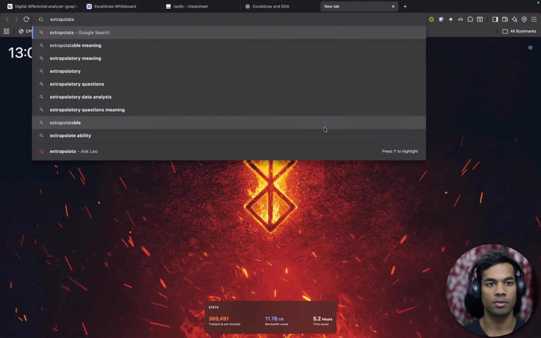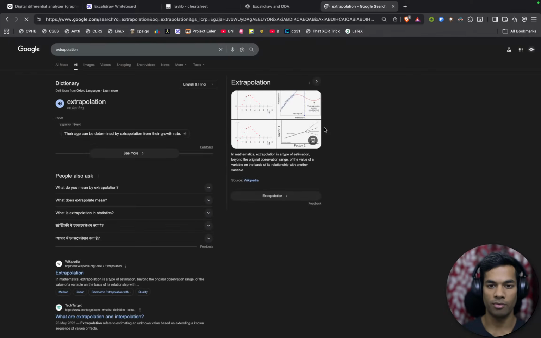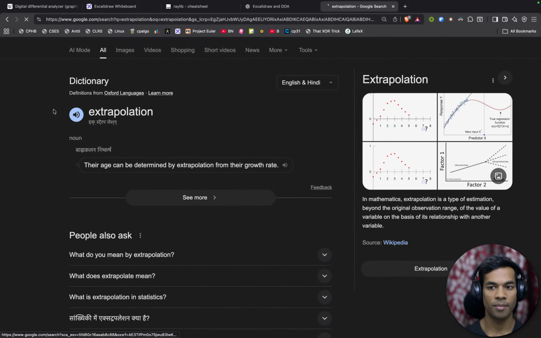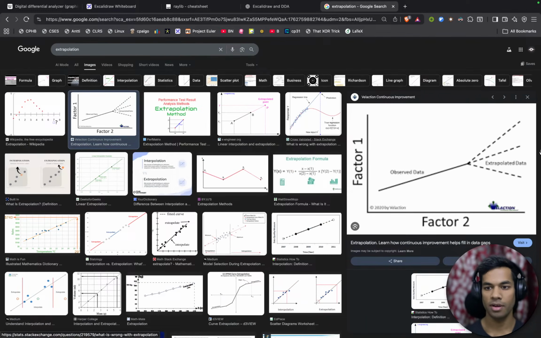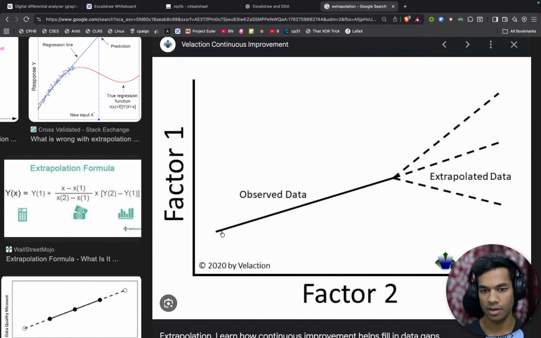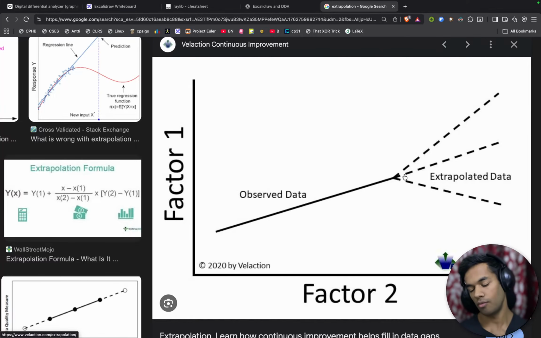Extrapolation is when we go towards infinity or something. When we know that the line starts from here, ends there, and then where would the line go from there towards the right? That is extrapolation.